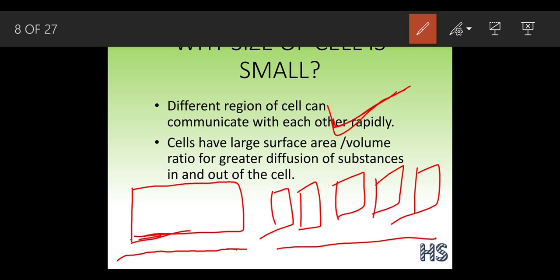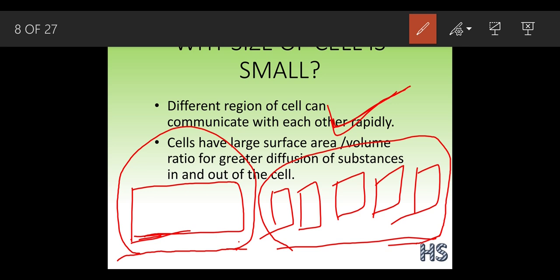See, the numbers are big, right? The spreading of these pieces is much more than this loaf of bread. That single loaf is smaller in surface area compared to these pieces of bread. So definitely a greater amount of baking will be done on this side.